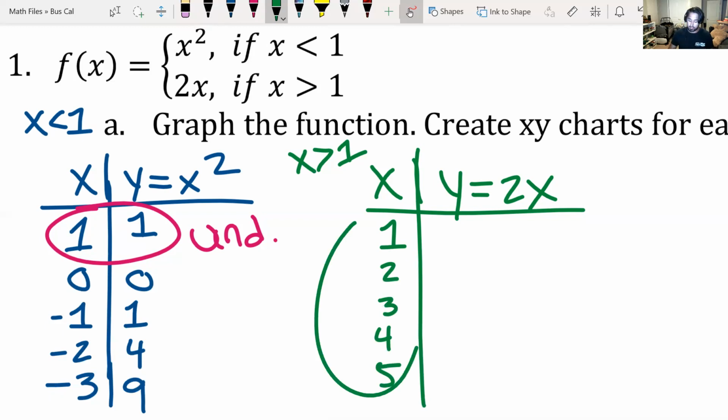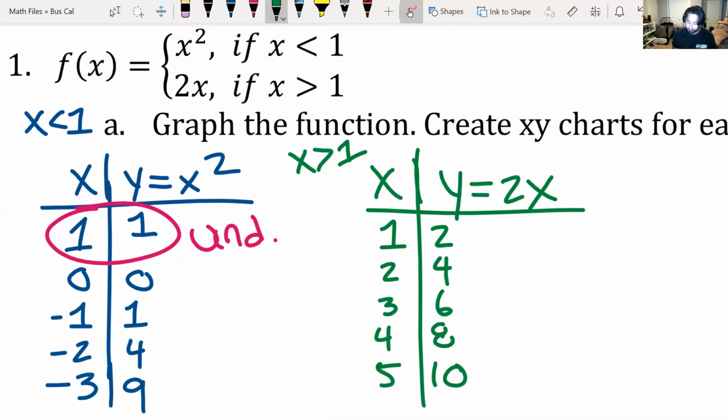And again, take these numbers, plug them in for x, multiply by 2. 2, 4, 6, 8, 10. And then, once again, can we use 1? And that answer is no, because we have to be greater than 1. So once again, when I grab this point, this will also be undefined. It will be an open circle.